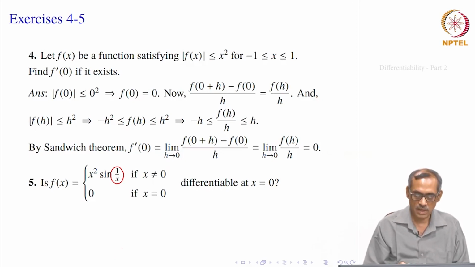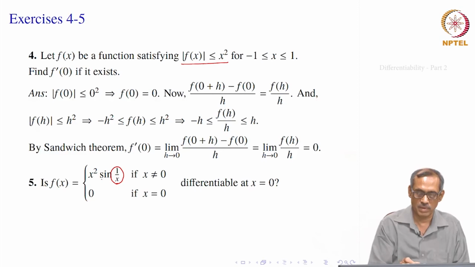Now, you see it satisfies this inequality of the previous problem. Mod f x is less than or equal to x square, because sin 1 by x is bounded by minus 1 to 1. So, mod of f x is less than or equal to x square from minus 1 to 1, and we have seen that in that case f of 0 must be 0, and it is 0 already given. Therefore, it satisfies all the conditions.